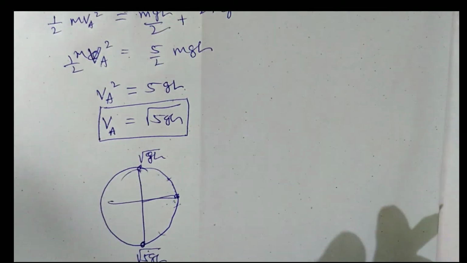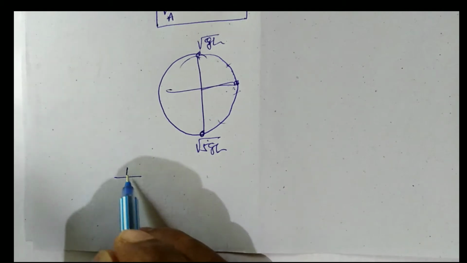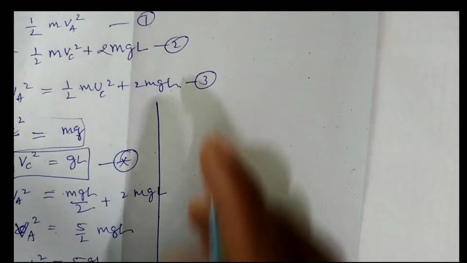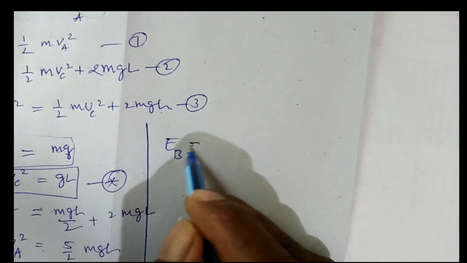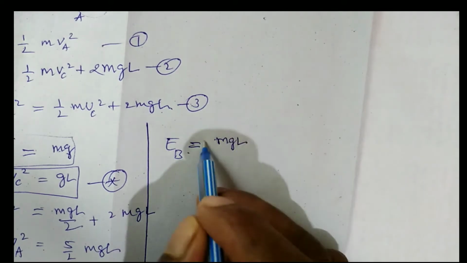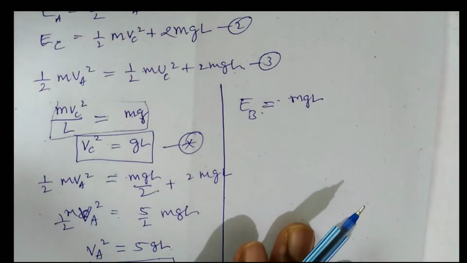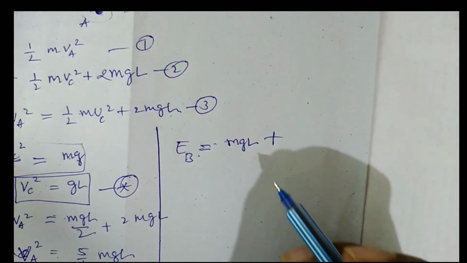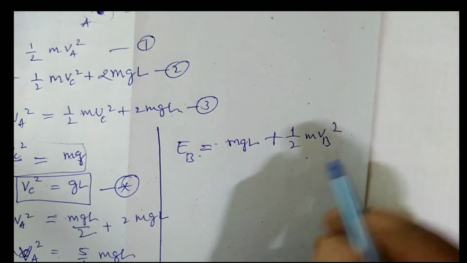I'm going to write the energy concept here. We can write the total energy at point B, the point I have marked. That is the potential energy mgL, it is not 2L, the height is only L here, whereas at the top it is 2L, plus the kinetic energy half mv_B square.